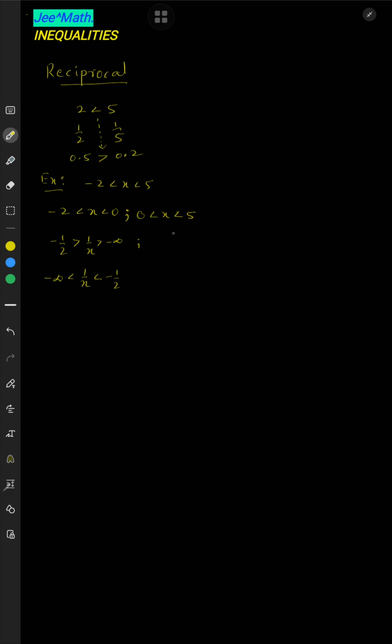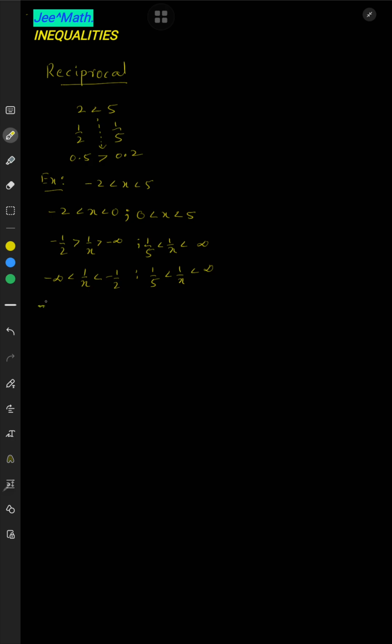You can change the positions, as I already said. That infinity I am writing here, and the reciprocal of 5 is 1 by 5, and the reciprocal of x is 1 by x. I changed the positions, so no need to change the inequalities. So 1 by 5 is less than 1 by x less than infinity.